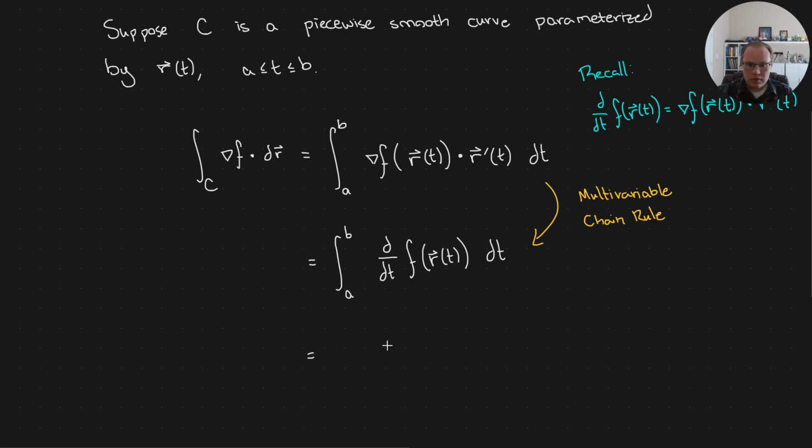And so when I look at this now, I'm taking the integral with respect to t of a derivative with respect to t. So I need to take the antiderivative of a derivative. By the fundamental theorem of calculus, I will just get f of r of t. Right? The derivative and the antiderivative undo each other. I'm just going to evaluate that from t equals a to t equals b.